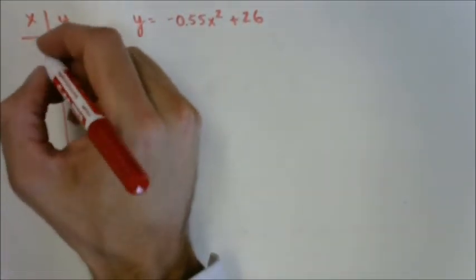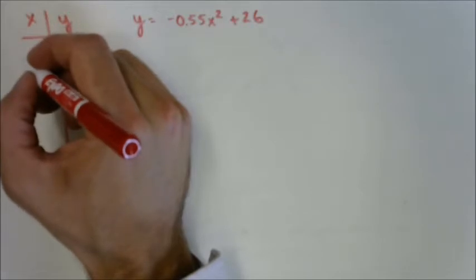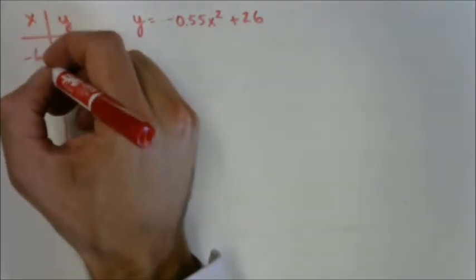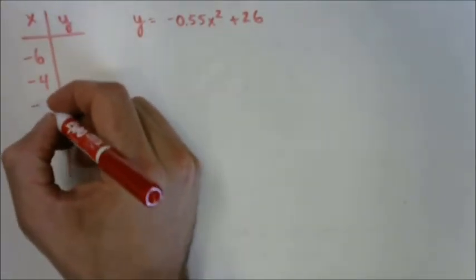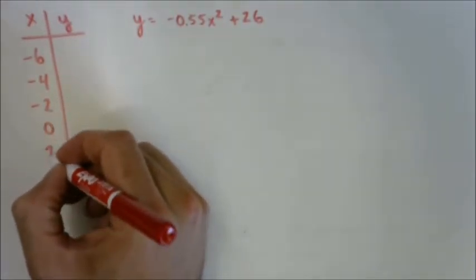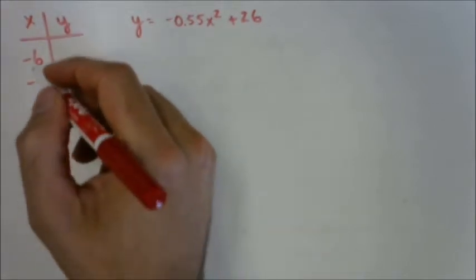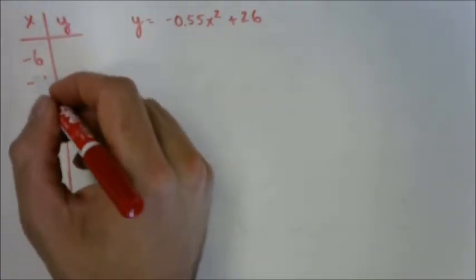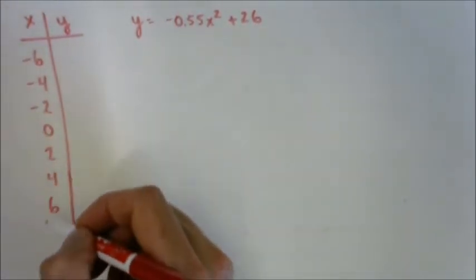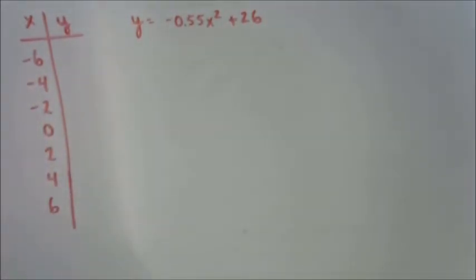And of course, we all have a calculator out. We're going to use the x values of negative 6, negative 4, negative 2, 0, 2, 4, and 6. So we're using a constant difference here between our x's. We're going up by 2's, all the way from negative 6 to positive 6.